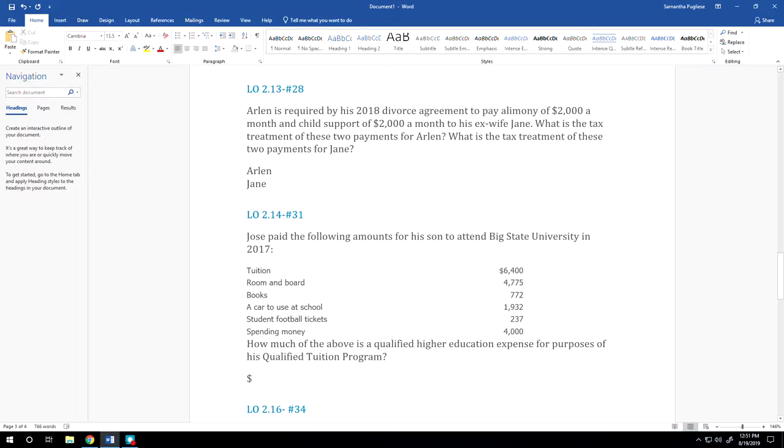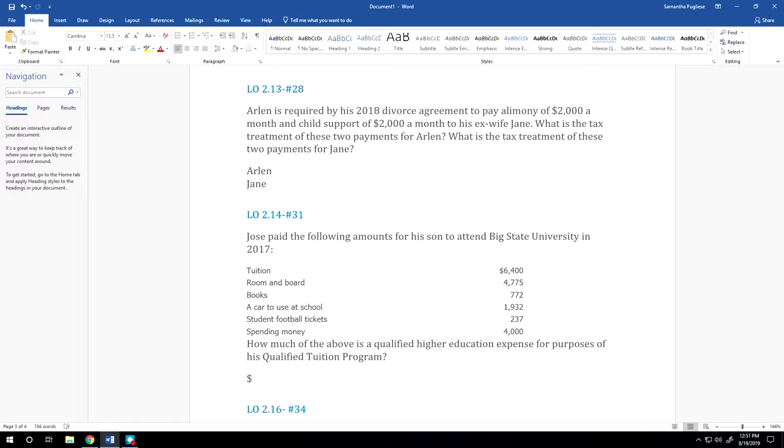What's interesting about this one, and this isn't what we're covering in this course, is to see how sometimes tax laws change. Like we just talked about, in 2018, Arlene was able to deduct the $2,000 a month in alimony from his gross income, and Jane had to include it in her gross income.